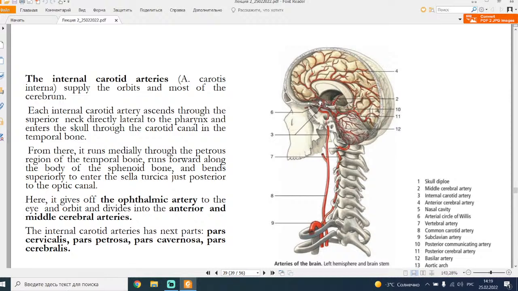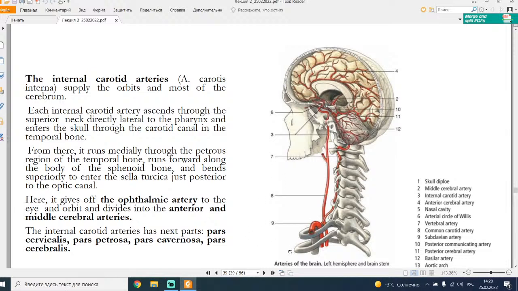Here it gives off the ophthalmic artery to the eye and orbit and divides into the anterior and middle cerebral arteries.